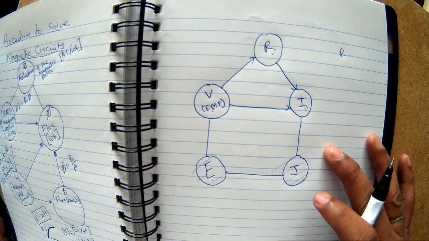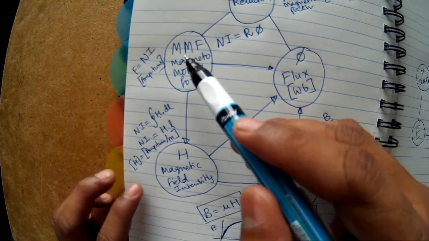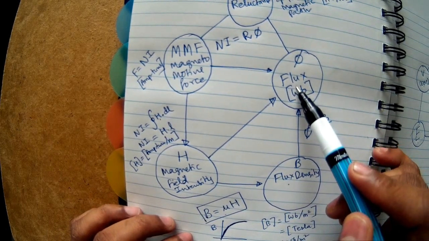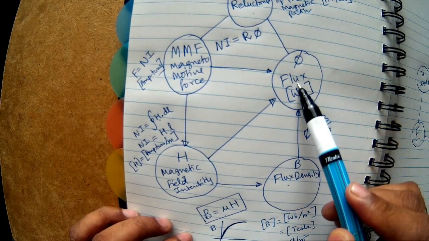But in magnetic circuits, two ways are possible. Either I can start with MMF, calculate H, calculate B, and then calculate flux, or calculate MMF and R and then find the flux.